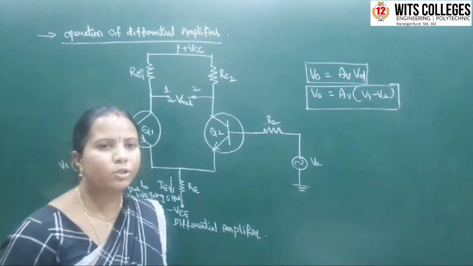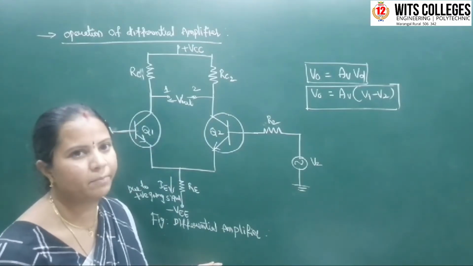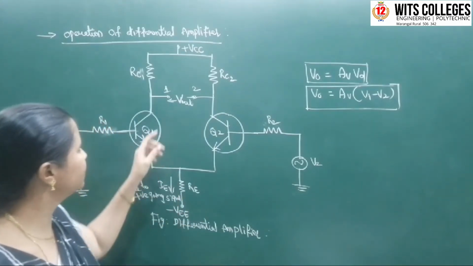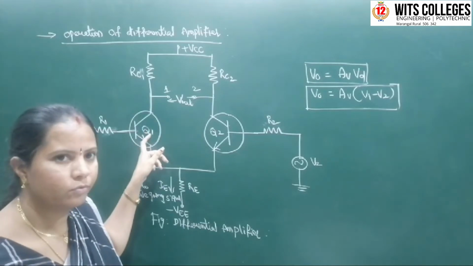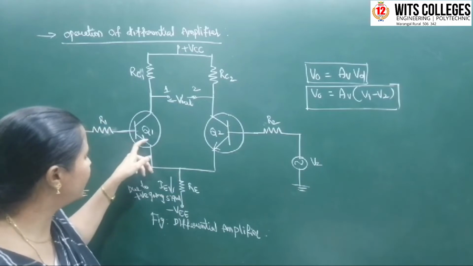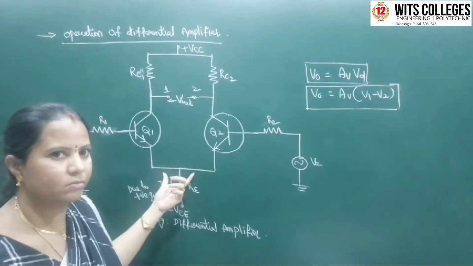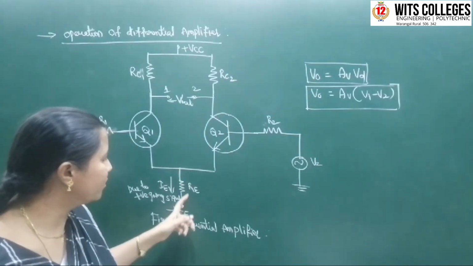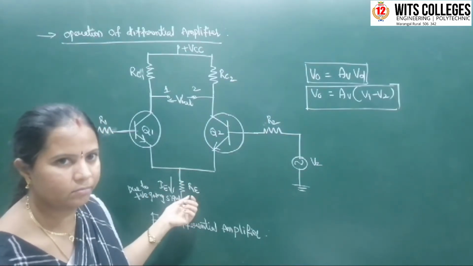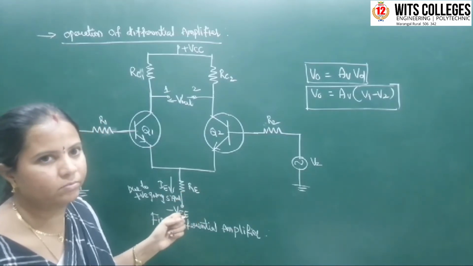Coming to the operation of the differential amplifier, this is the circuit diagram. The circuit consists of an emitter coupled differential amplifier. Emitter coupled means the emitter terminals of the two transistors are coupled with each other and connected to ground through the emitter resistor RE. That's why we know it as an emitter coupled differential amplifier.